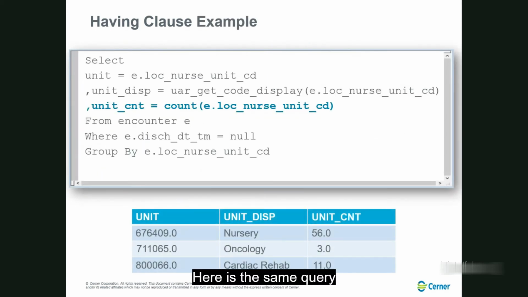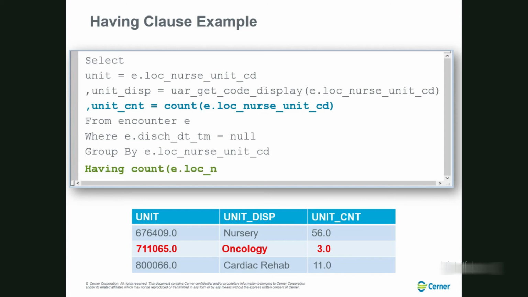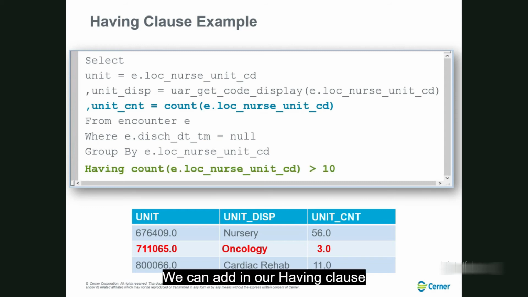Here's the same query and the same results as what we just saw. Let's say we're only interested in seeing those units with a patient count greater than 10. The row for oncology that has just 3 patients would need to be removed from the result set. We can add in our having clause with our count greater than 10.